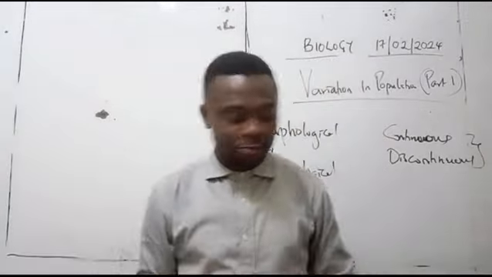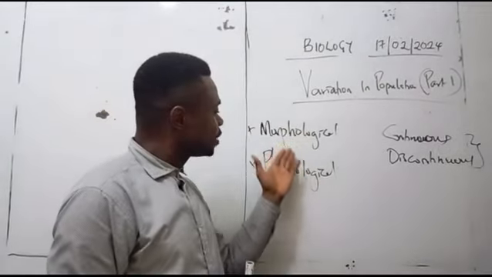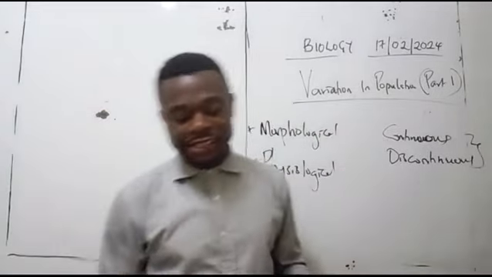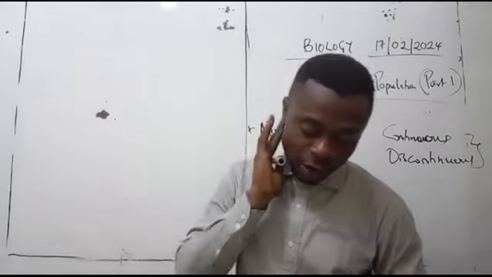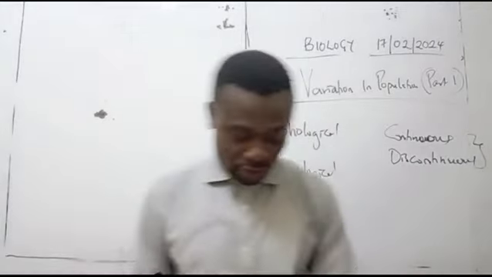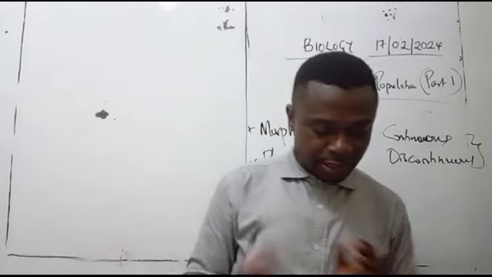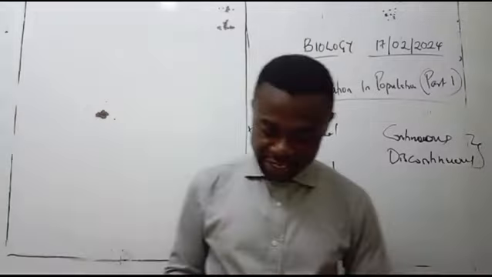So as I'm describing each of these features, any of them that is continuous, I'll point out. Any one of them that is not continuous, I'll point out. Now let's go over to morphological variation.